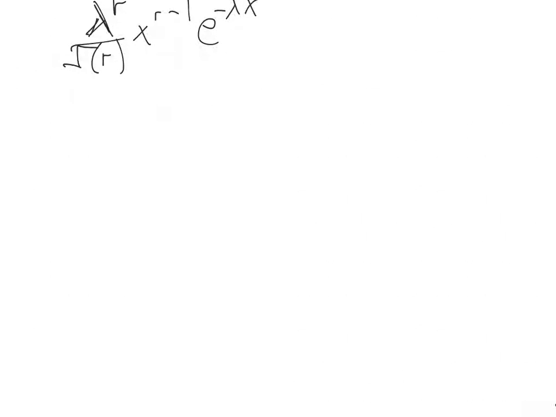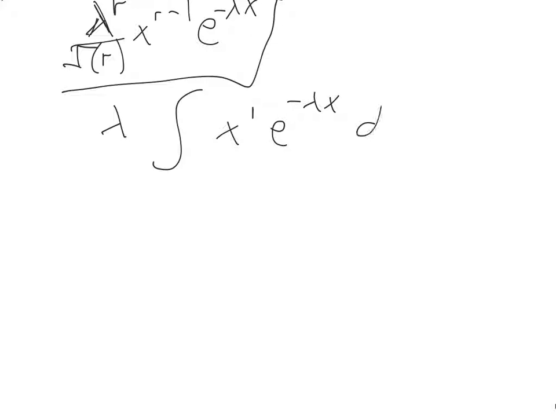Sorry, the x is up there. Okay, so let's look at what we have. Here's the gamma up here. Okay, so what we have right now is lambda sticking out there, and I have x to the first e to the minus lambda x dx.